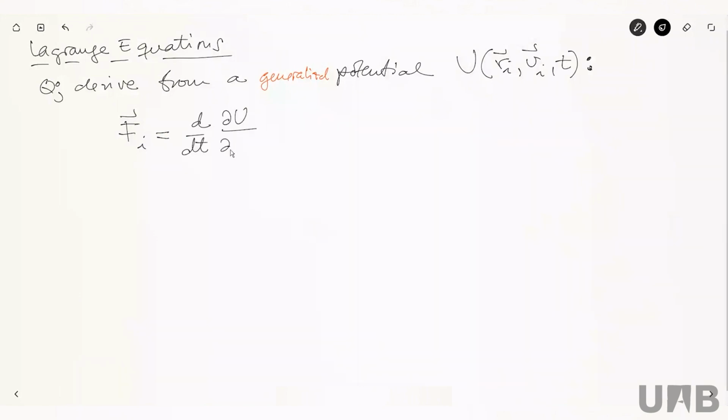So there is a term that depends on the velocity dependence of the generalized potential, and then there is the usual term. So a normal potential would only have the second term, would not have the first term, okay?